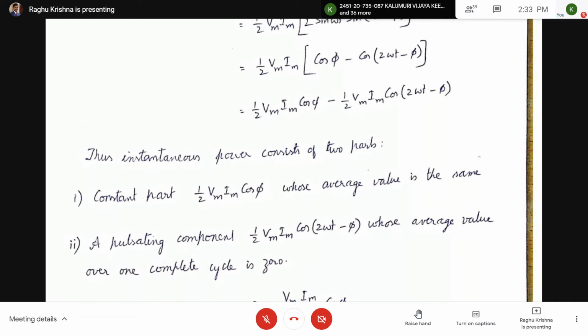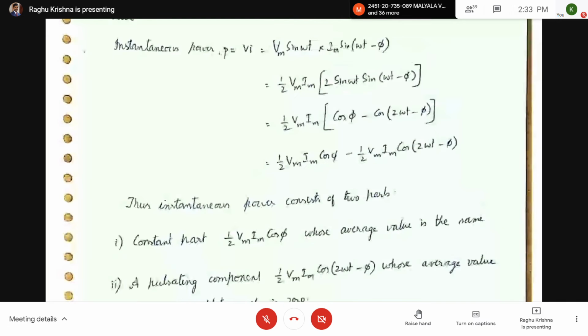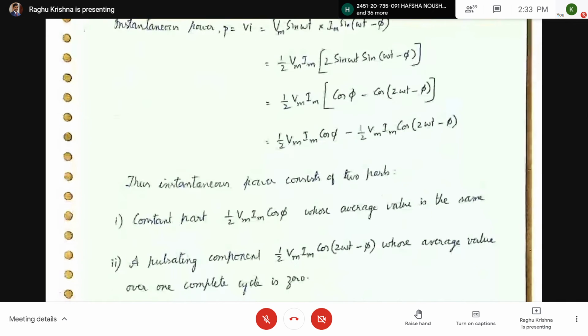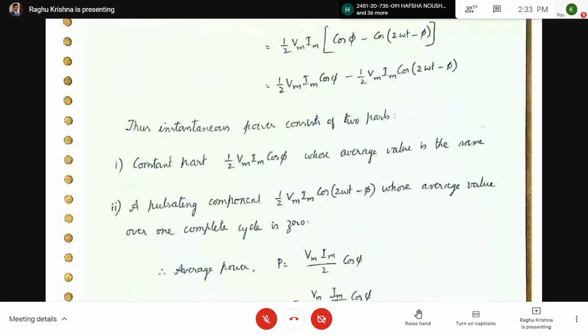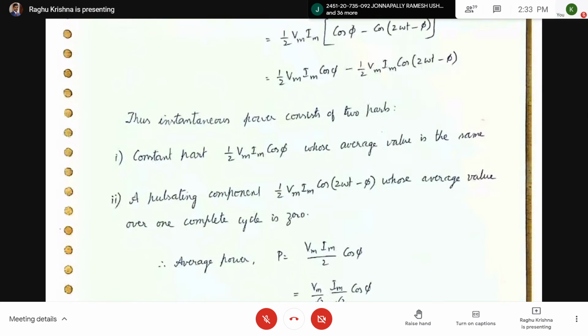Next, the pulsating component, whose average value over one complete cycle is 0. Now coming to the average power.